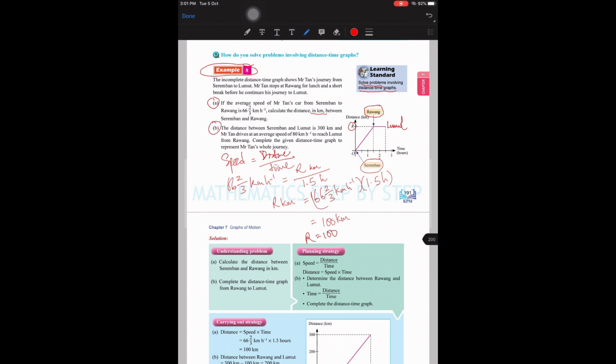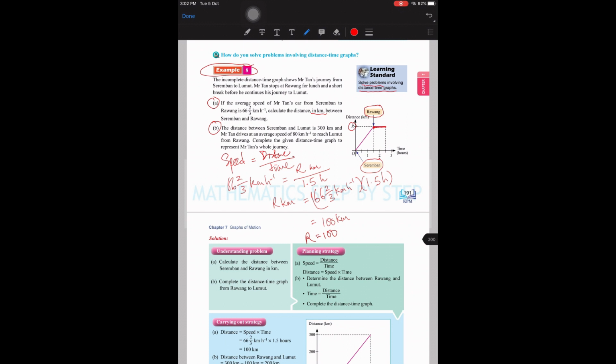Then part B, the distance between Seremban and Lumut is 300 kilometer. Oh yeah, so this part here is not Lumut, because he is at rest. He spent 1 hour here in Rawang. So the distance between Seremban and Lumut is 300 km, and Mr. Tan drives at an average speed of 80 km per hour to reach Lumut from Rawang.